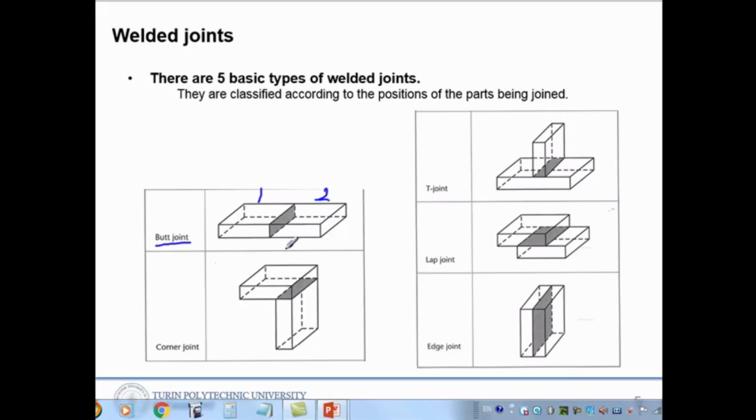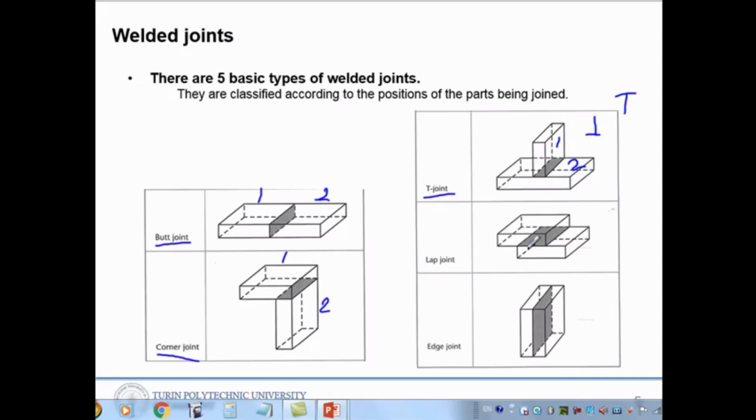If you put the first plate here and the second plate at the corner to the bottom, we call it a corner joint. If the first plate is here and the second plate is like this, like a T shape, or the opposite way, we call it a T joint.